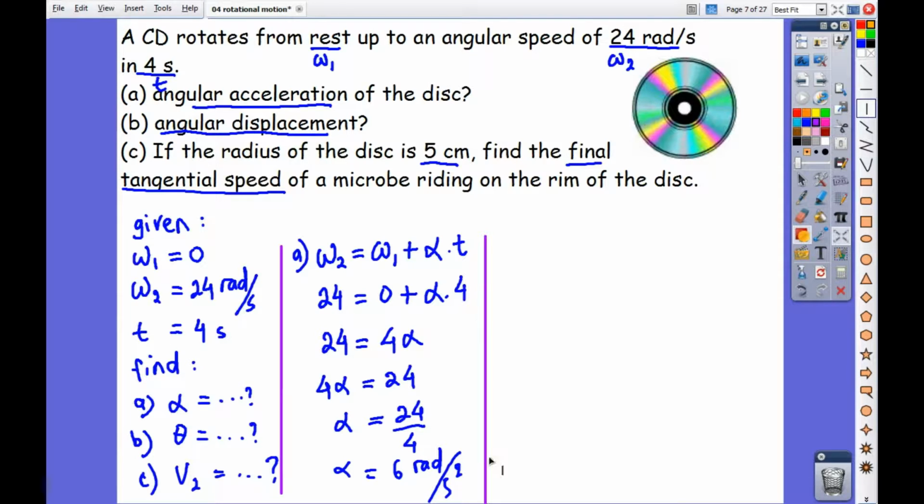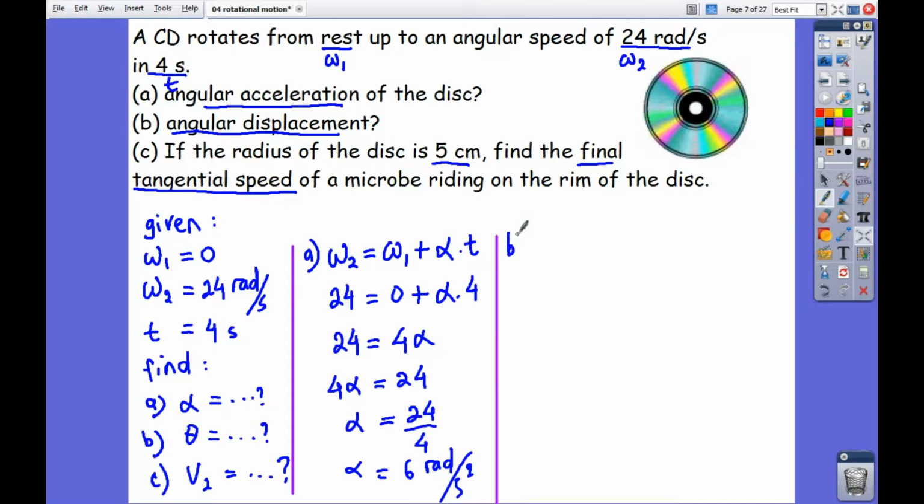The next one, B, the angular displacement. We can use the second or the third formula.